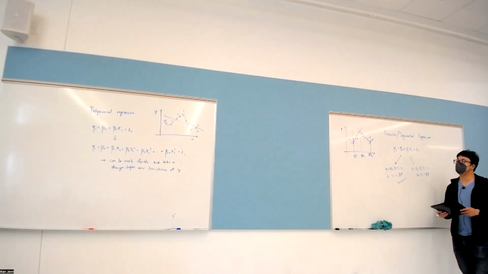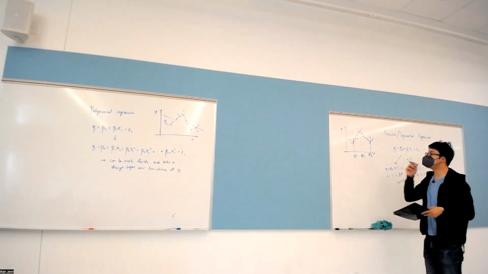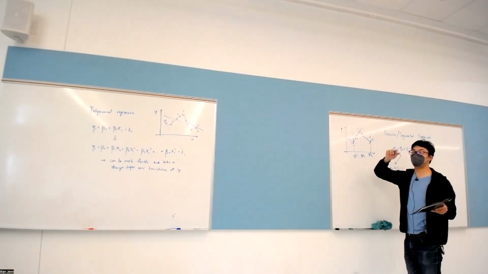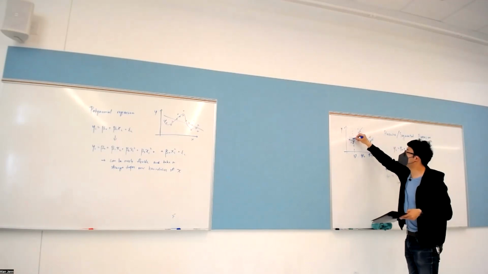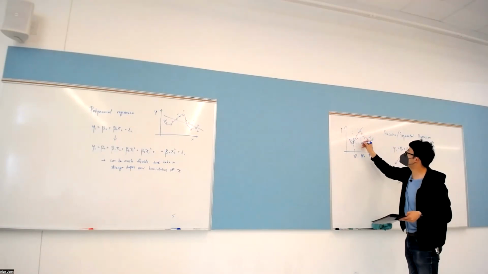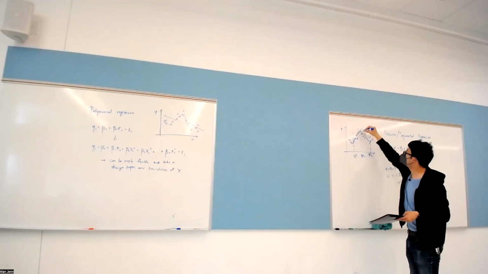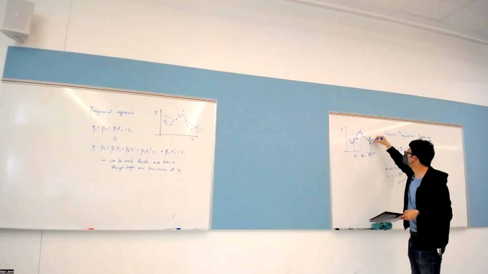If you think about it, you could add many, many, many breakpoints, right? And if you were to do that, in fact, you could add a breakpoint for every single point. And that's how you would end up with something that looks like this, right? So something that would connect every single data point.